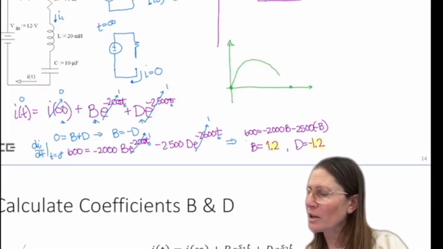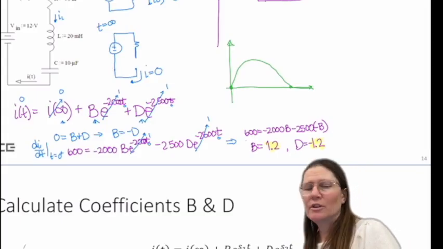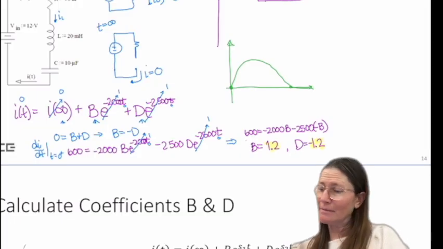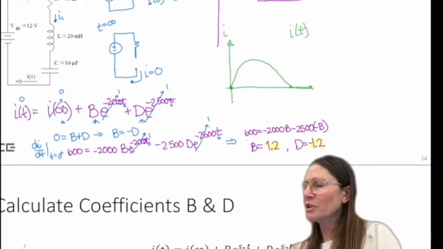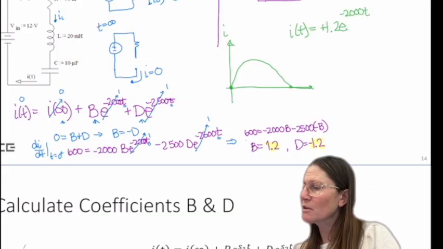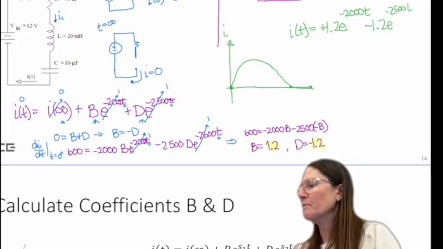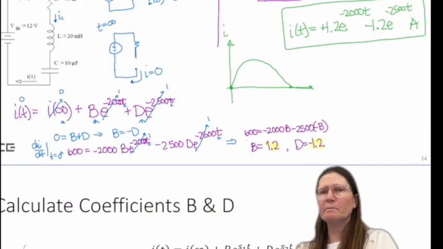So it actually kind of goes up, and then it goes down. So it actually looks more like this in your current. So your final current, your time domain expression, ends up being plus 1.2 e to the minus 2000t minus 1.2 e to the minus 2500t. And this would be your time domain expression.